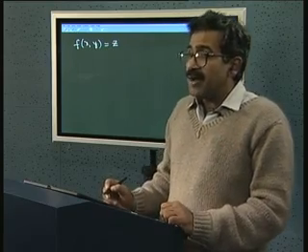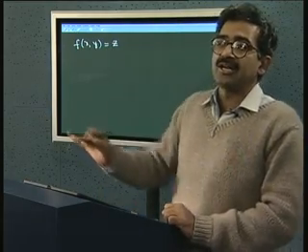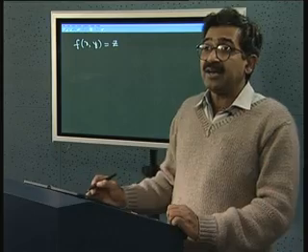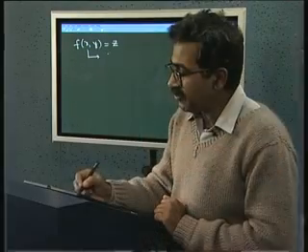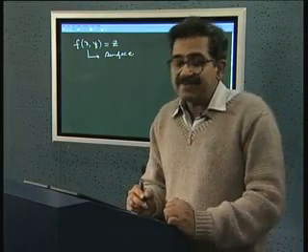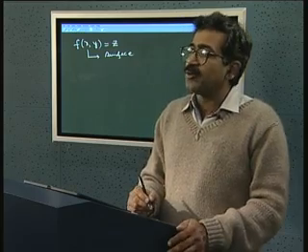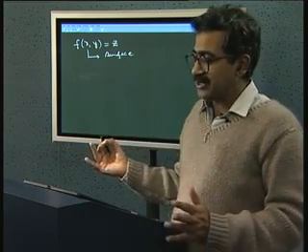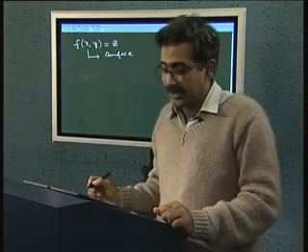Now that means if I were to place a whole lot of children in your classroom and look at their height, that would form a surface, and that surface is defined over the xy plane. So this is a surface. Of course, if I write a scalar function of xyz, that would be a hypersurface in a higher dimensional space. Let me not worry about that at this point.